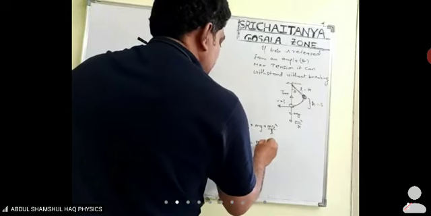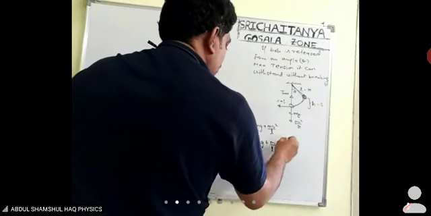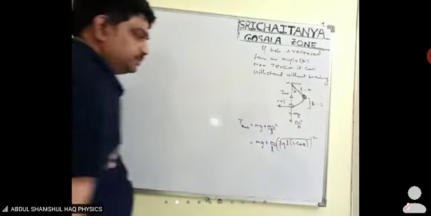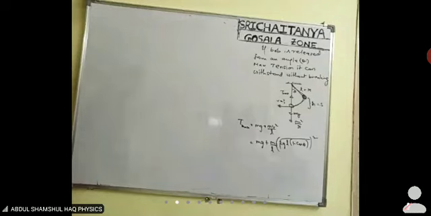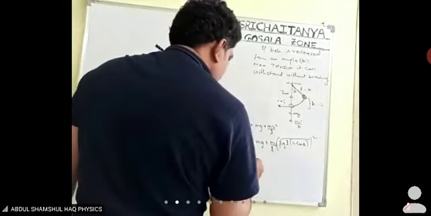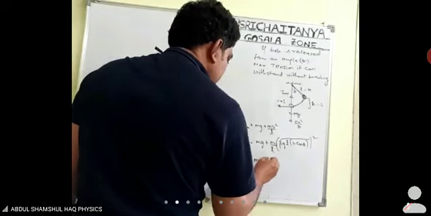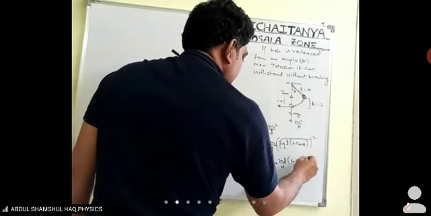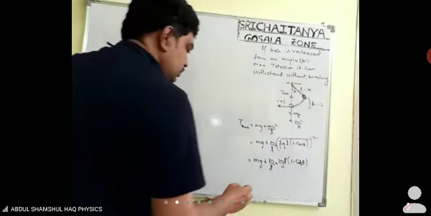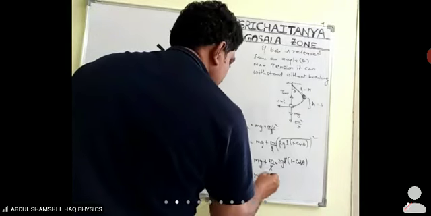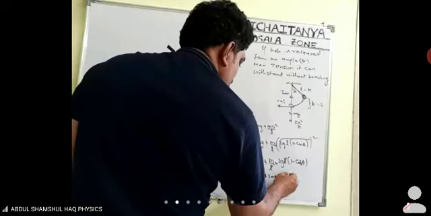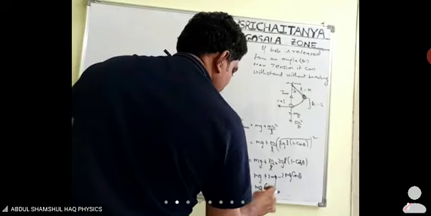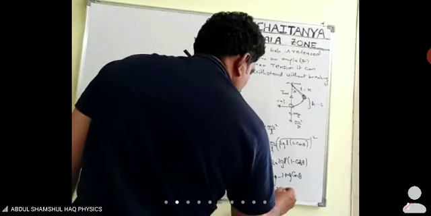So this is m by L into v square, which is 2gL into 1 minus cos theta. So mg plus m by L into 2gL times 1 minus cos theta. L will cancel out, so this becomes mg plus 2mg minus 2mg cos theta. Taking mg as common factor, this is mg of 3 minus 2 cos theta.